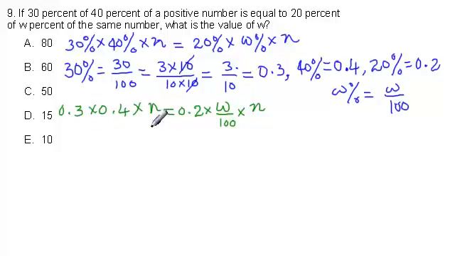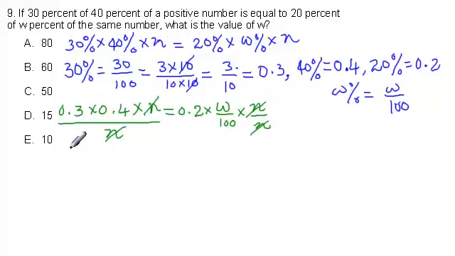If we divide the whole equation by n on this side, and the other side by n, then n divided by n gives me 1 on each side.